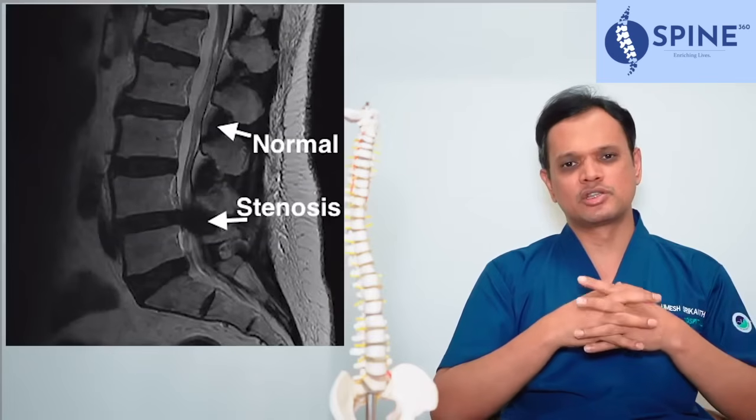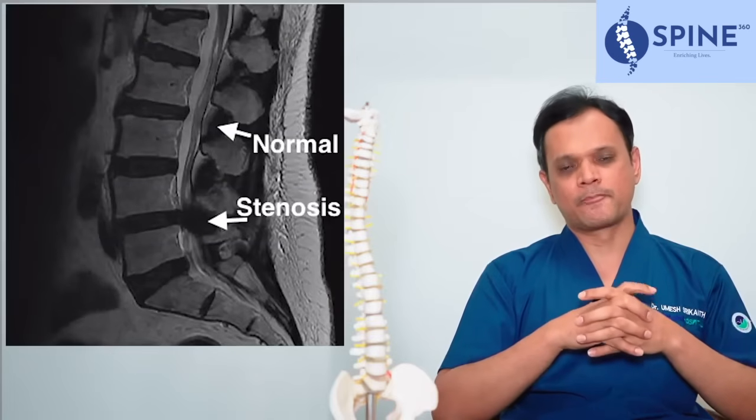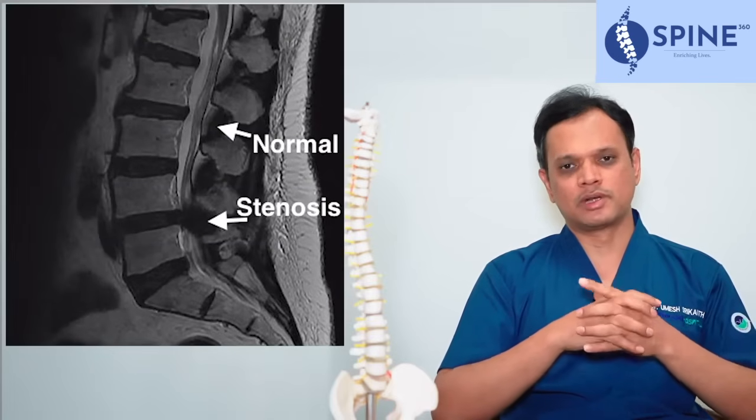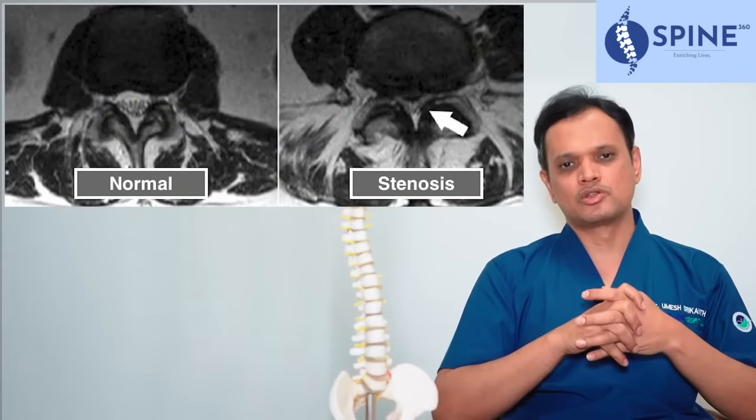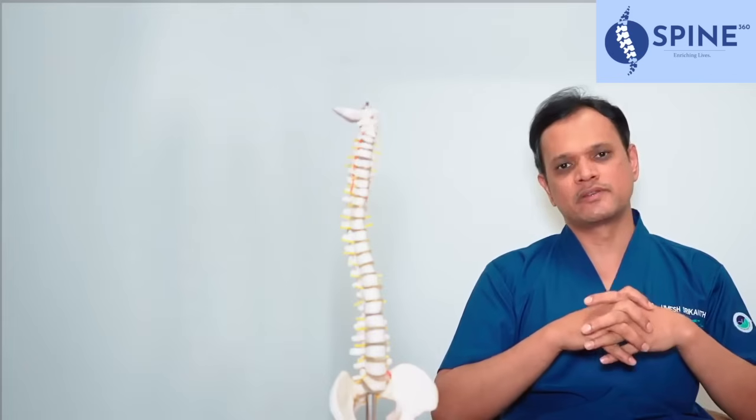Lumbar canal stenosis is usually diagnosed by an MRI scan, and the doctor will be able to tell you the findings and the severity of the stenosis that you have. In most cases in early stages, conservative treatment is enough.